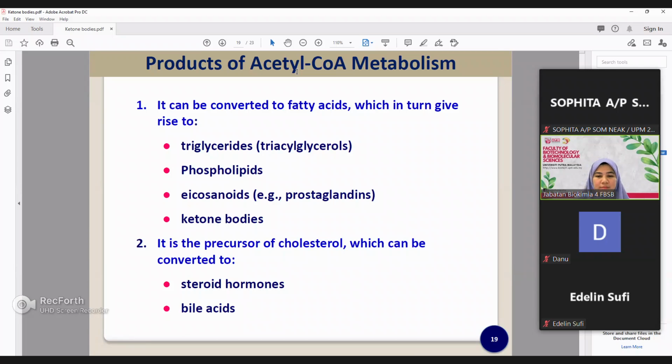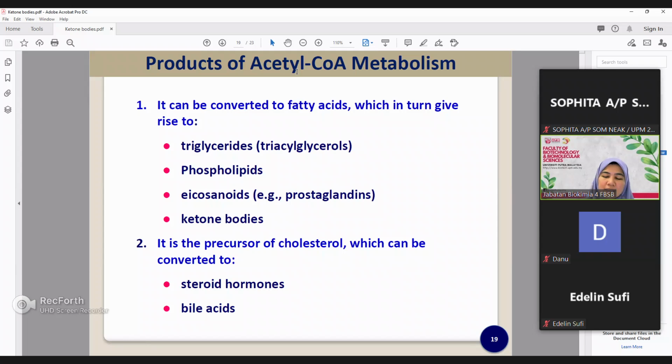Products of acetyl-CoA metabolism. Basically, acetyl-CoA can be converted to fatty acids. It also acts as a precursor of cholesterol. How? Because to get HMG-CoA, it must come from acetyl-CoA. So it is required for fatty acid synthesis.